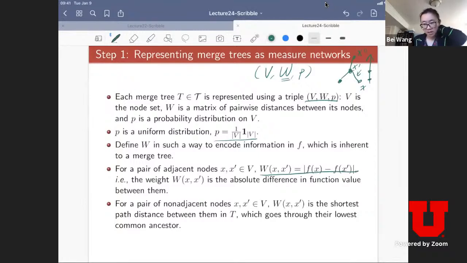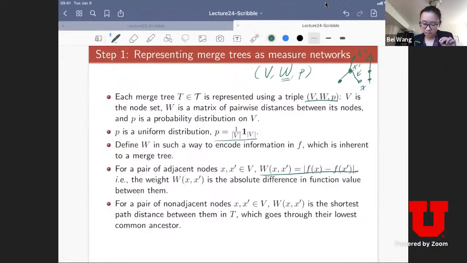This is actually key to our framework. This is one way to encode the structure of the merge tree into the weight matrix. And then that weight matrix is what we use to convert the tree into a vector. So how do I convert a tree into a vector? I have this merge tree here, and I convert it to a pairwise distance matrix.